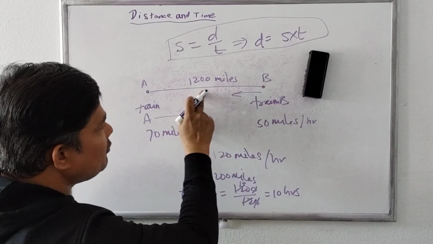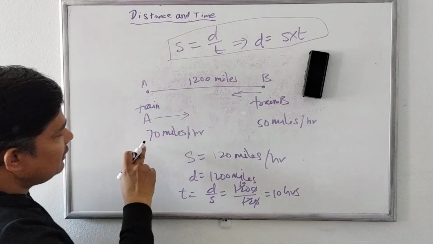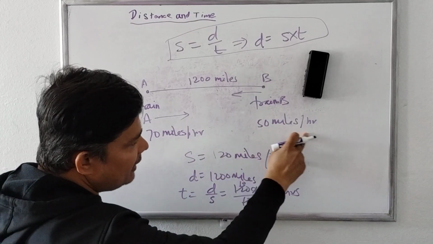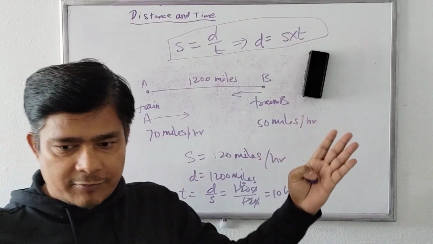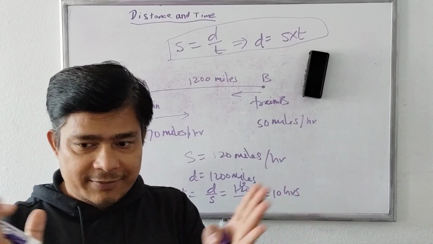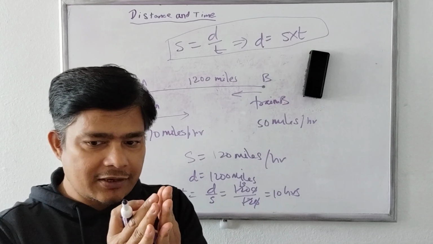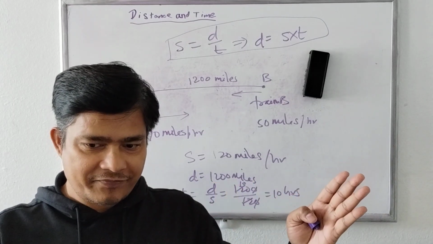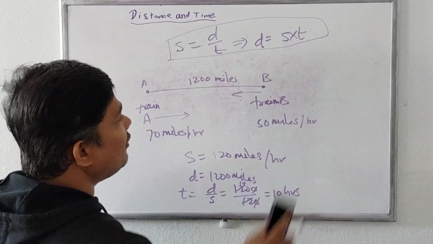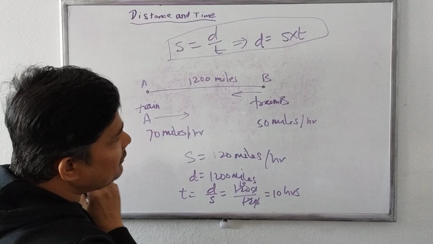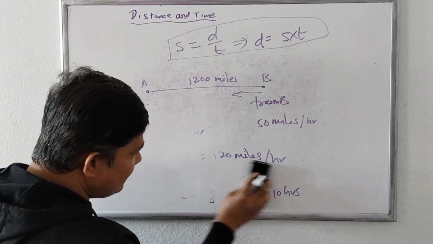Both are covering some distance due to their 70 miles per hour and 50 miles per hour speeds to come closer to each other. That's why we are summing the speed of those two trains. Now, if those two trains are going away, or start from the same direction, what will happen? You got it, this one?